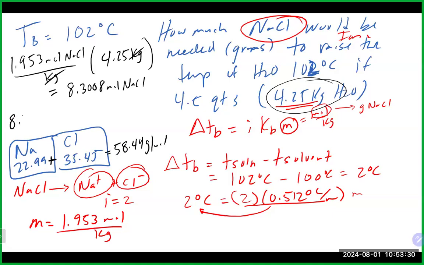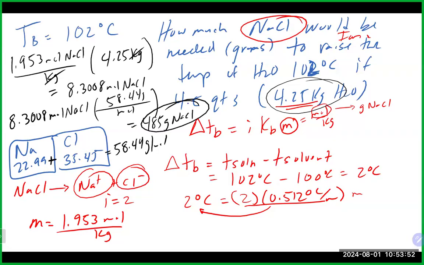So taking the moles of sodium chloride we would need to make that big of a change in temperature and times it by 58.44 grams per mole, I'm going to toss into my pasta water, I don't know, roughly 485 grams of salt. Feels like a lot of salt. A pound is 453.6 grams, yes? So I'm pretty sure nobody's dumping a pound of salt into their water here.